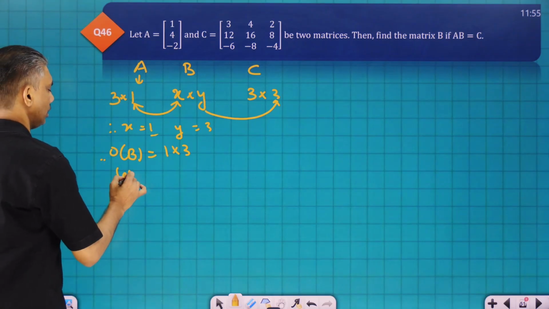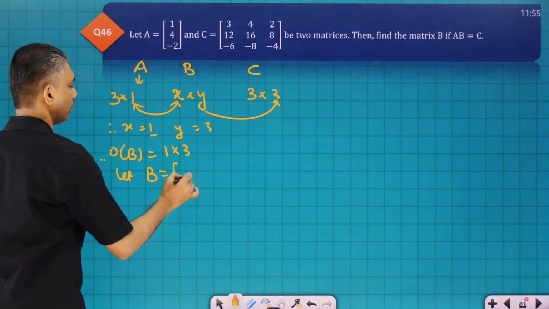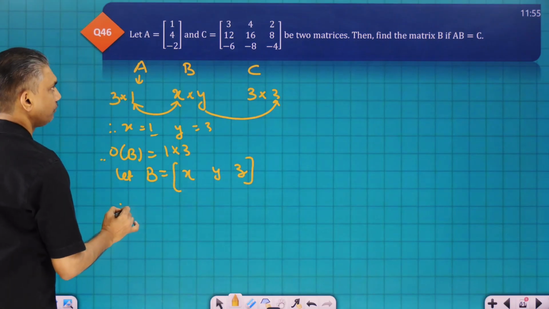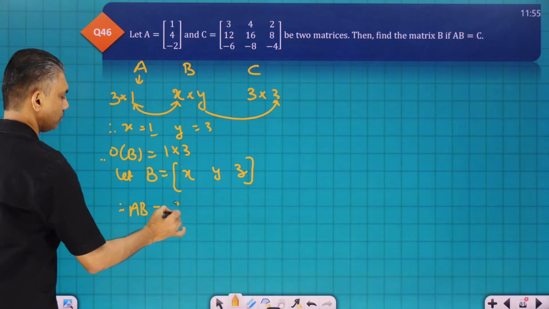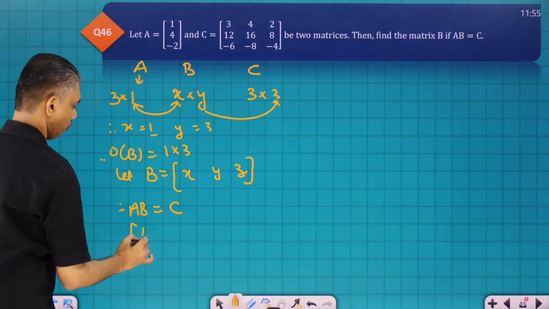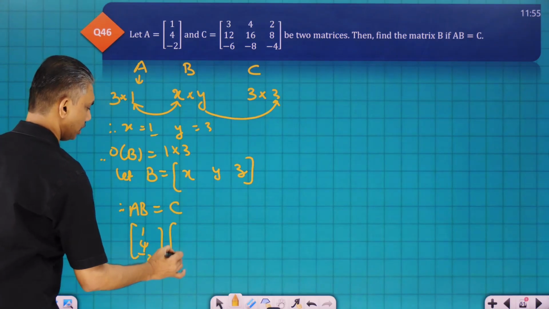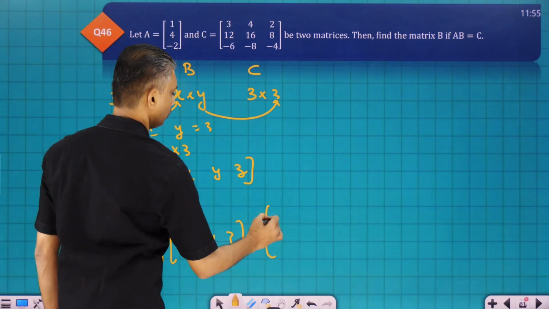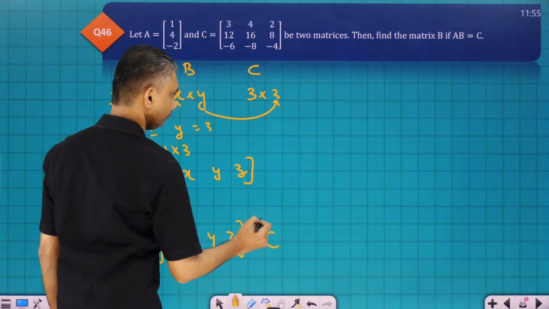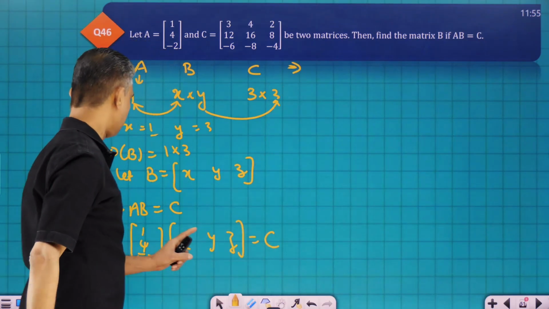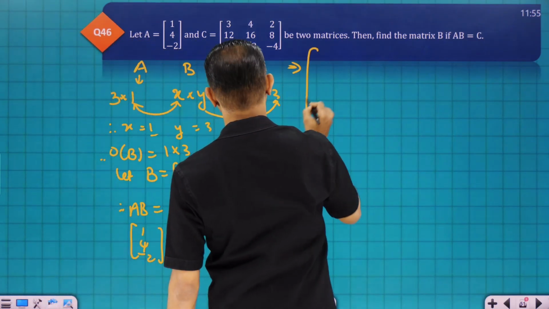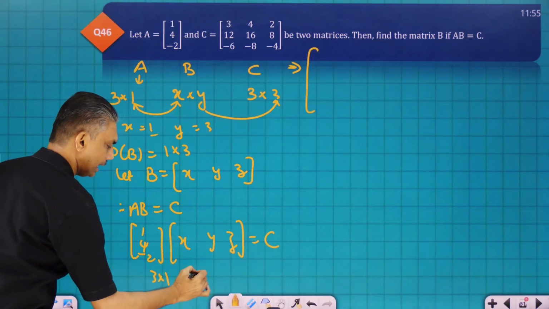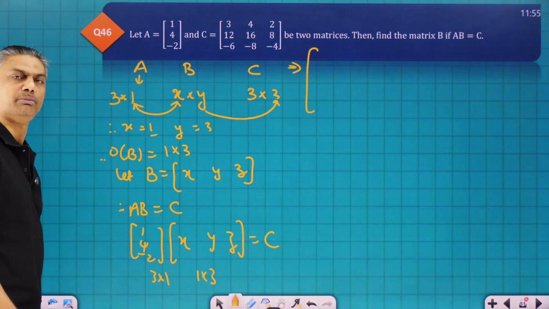Let B equal to [X, Y, Z], 1 row and 3 columns. Therefore, A into B equal to C. That is [1; 4; -2] into [X, Y, Z] equal to C. See, this is 3 by 1 and this is 1 by 3, so the answer will be 3 by 3.